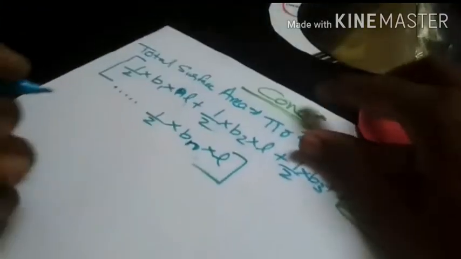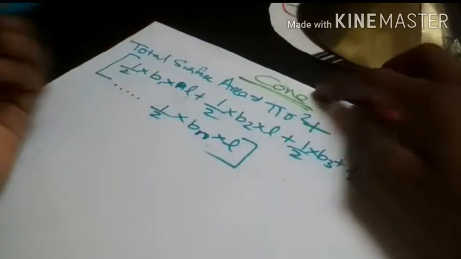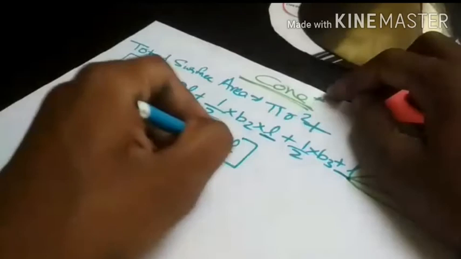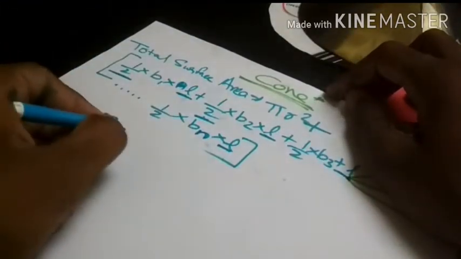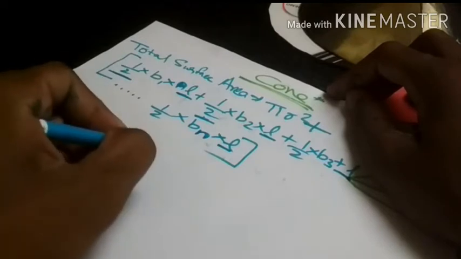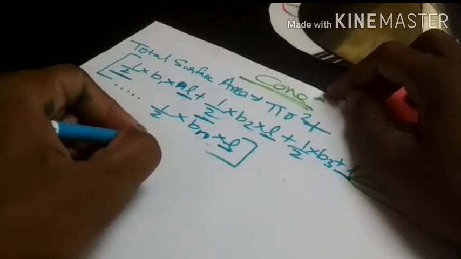As you can notice, we can take common the half and L is common. Okay, so we'll take out half and L, common.